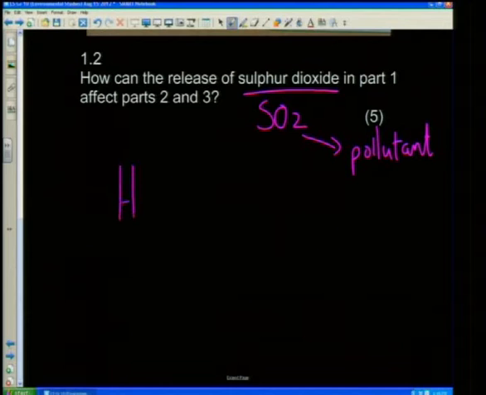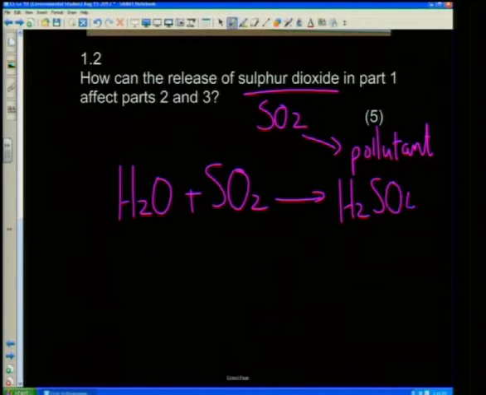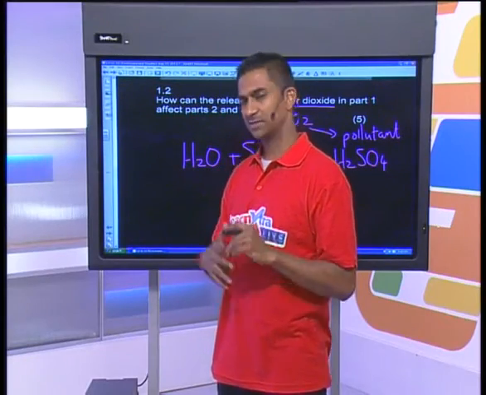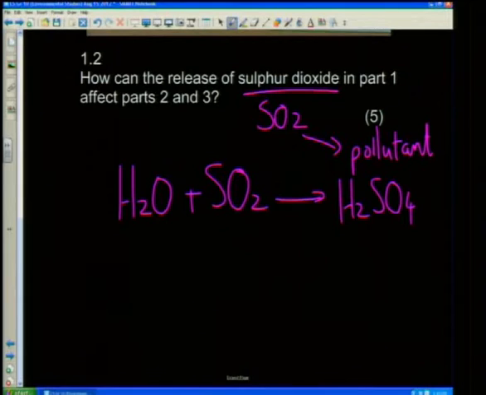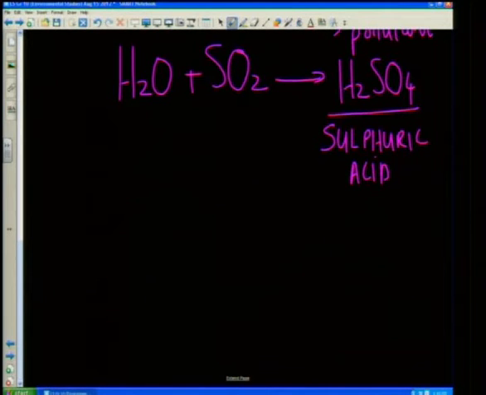So we have water plus sulfur dioxide, which forms H2SO4. Well, guys, you don't have to be a brilliant science student to know this, even if you don't. Okay, we need to understand that water plus sulfur dioxide forms H2SO4, which is sulfuric acid. Yes, an acid.